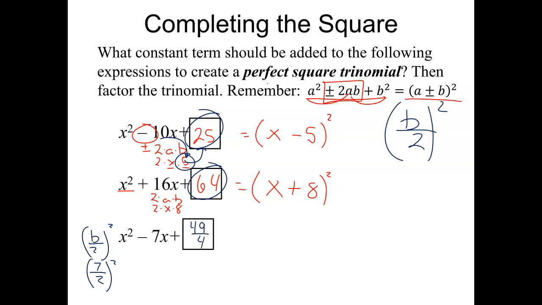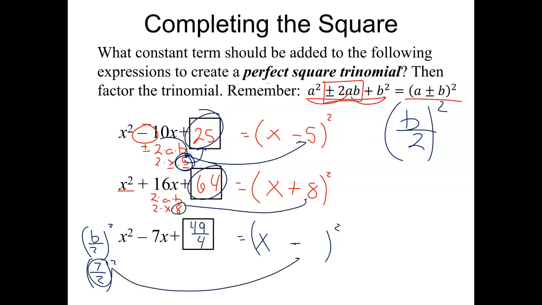So now that is a perfect square trinomial, which will still factor into the same pattern. Is it going to be plus or minus? Minus. Minus what? 7 over 2. Notice how that's the number that went there, that's the number that went there, and that's the number that's going to go there.